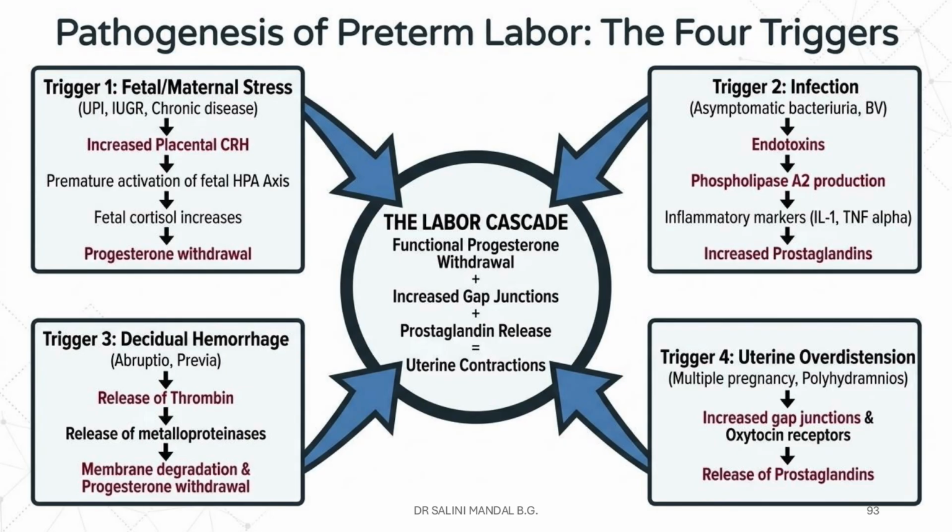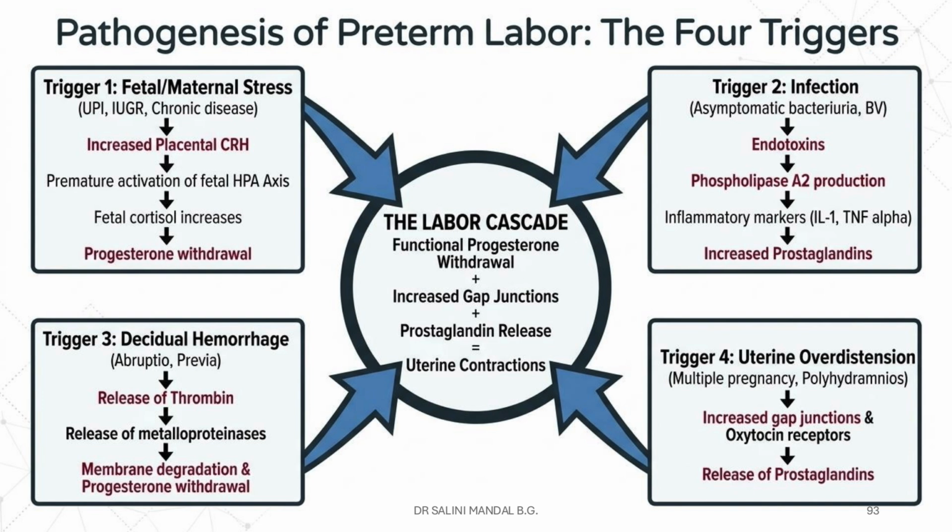Okay, next one, infection. Any kind of infection, asymptomatic bacteriuria or bacterial vaginosis, anything can lead to endotoxin production. Phospholipase A2 production is going to lead to inflammatory markers like interleukin 1, tumor necrosis factor alpha and all that, leading to prostaglandin, which again is going to lead to labor. Then decidual hemorrhage, release of thrombin.